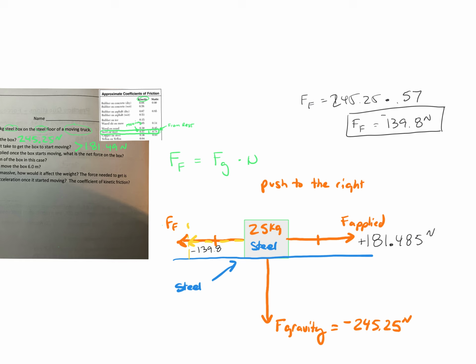We have 181 pushing to the right, and only 140 roughly opposing it. So we find the difference between those two numbers. Let's call it 182 and subtract 140, and that leaves us with 42 in the positive direction. Basically 140 of this cancels out 140 of that, and we are left with an overall force of 42 newtons acting to the right. We don't want to change the free body diagram and erase the vectors, but just to give you a visual, what happened here is that this vector has gone away.